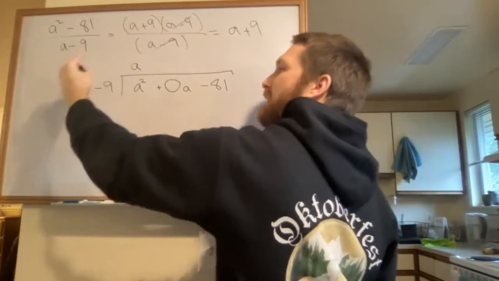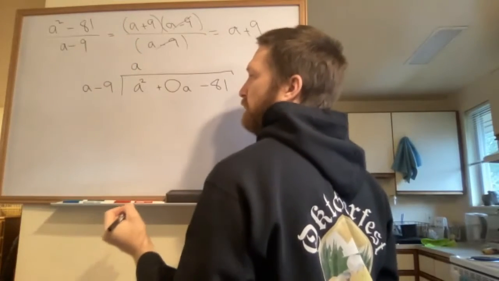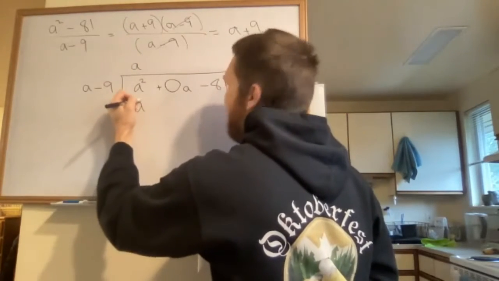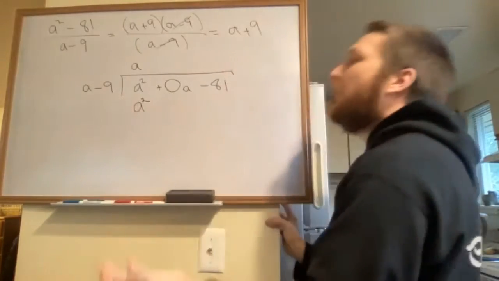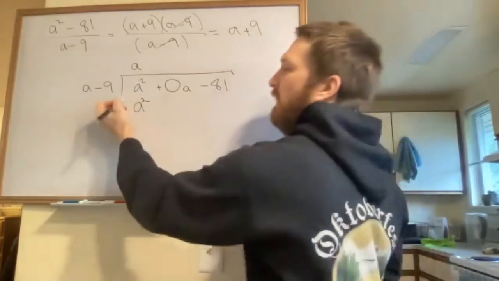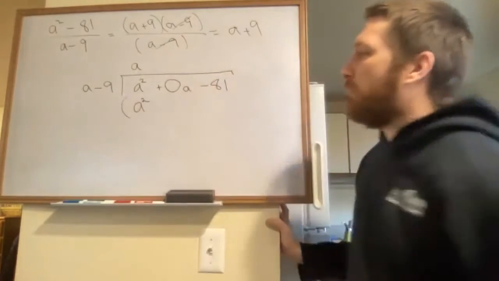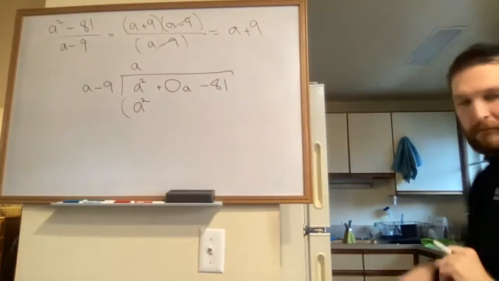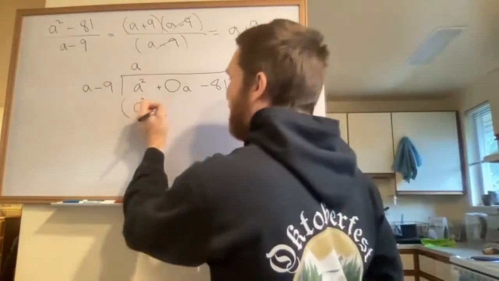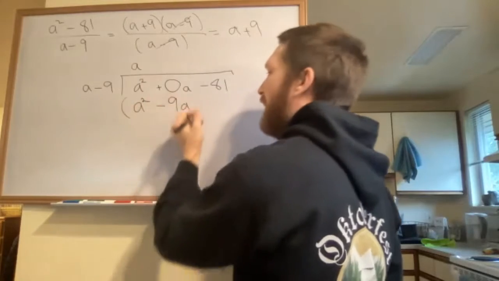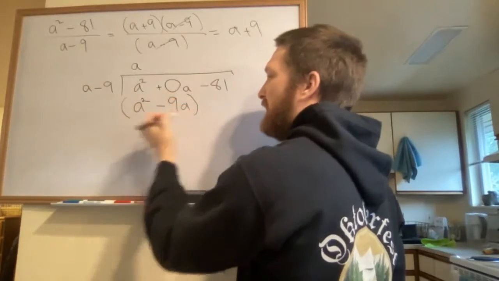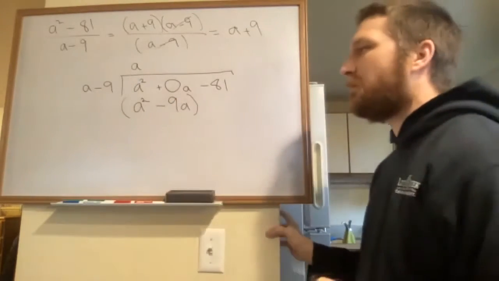The A times the A gives me what? A squared. It had better give me a squared, or I've done something wrong. Okay. And then look, my parentheses. Now what? Then what do I put? Minus 9a.